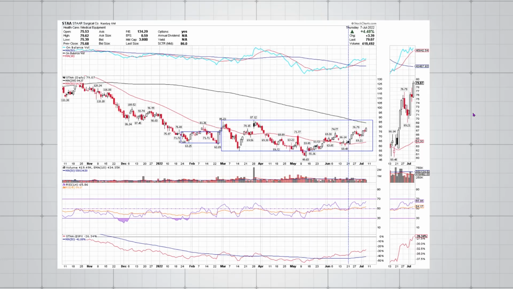Next stock we have STAAR Surgical, medical equipment. Notice here that we have just a barely beginnings of an upslope on the SMA 50. We did get across about 2 weeks ago to the upside on the 14 and 45 RSI. They're both above 50 and beginning to point up.